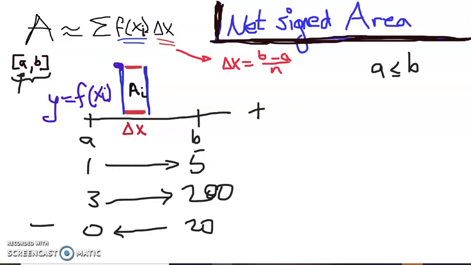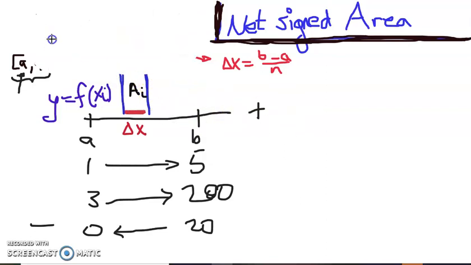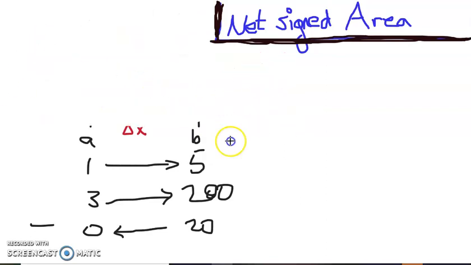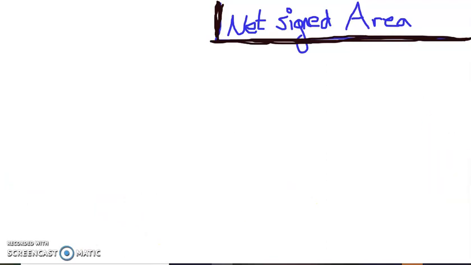We'll get into that in the second half of the video. First, I wanted to give you an example of the kind of thing I'm talking about. So let's actually find something where we will get a negative answer for our area. So let's look at this.